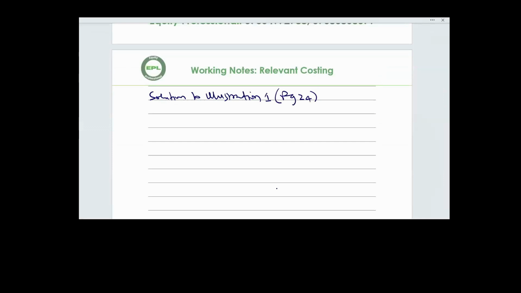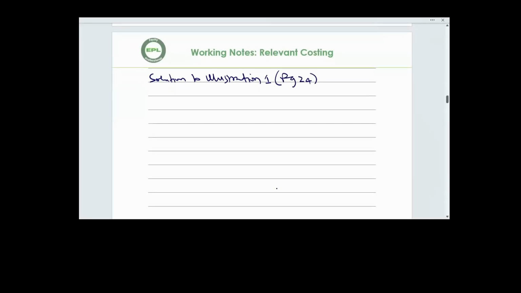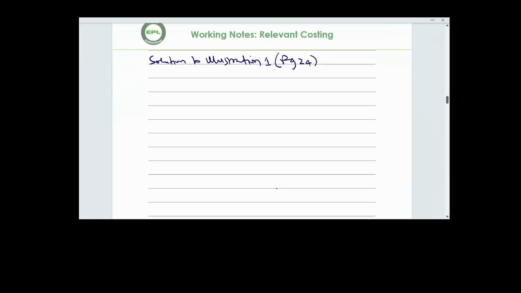Now, you remember what I told you earlier today, that relevant cost questions are solved through the additional information. Okay, let's do it this way. The name of this company is, what again? Ojuelegba Manufacturing Company PLC. That's the name of the company. Ojuelegba Manufacturing Company Limited.